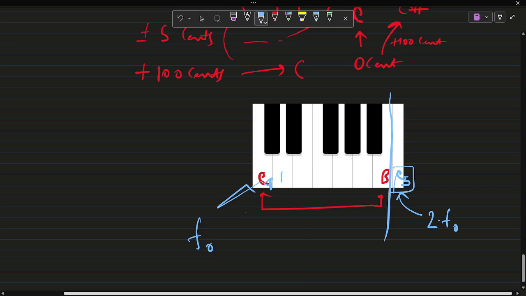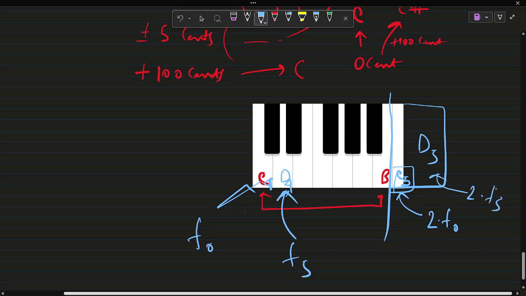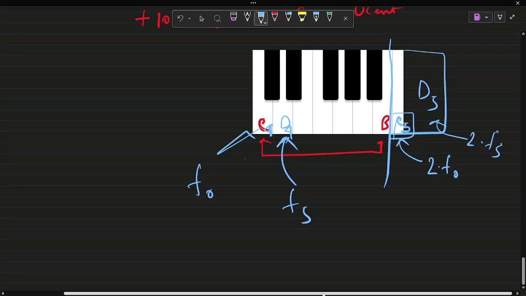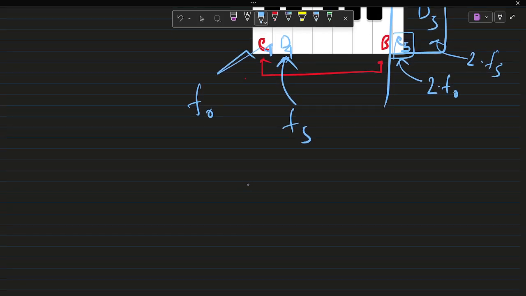Suppose here you are at D4, and the frequency of your D4 is F5. So the D5 frequency will be twice F5. That's why we define the distance between two frequencies with the help of a logarithmic formula.